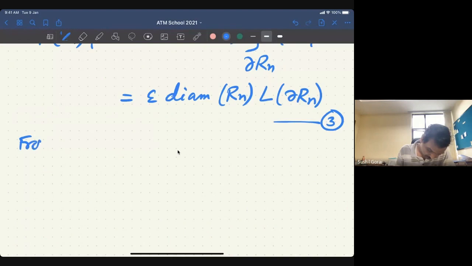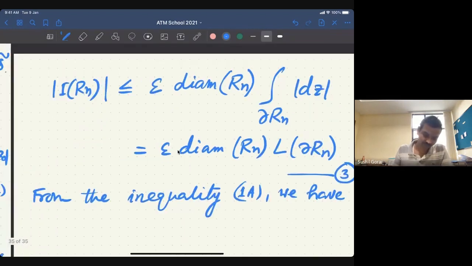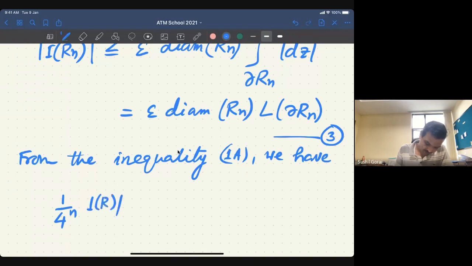From the inequality 1a, we have 1 over 4 to the power n |IR|, that was there, which was less or equal to |IRn|. This was the inequality 1a.